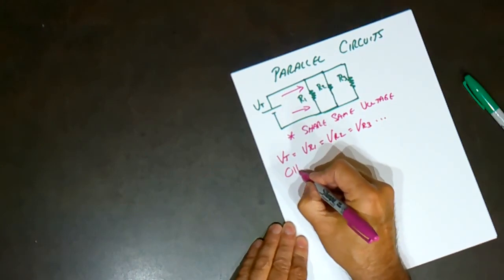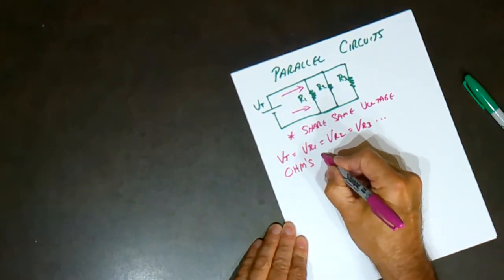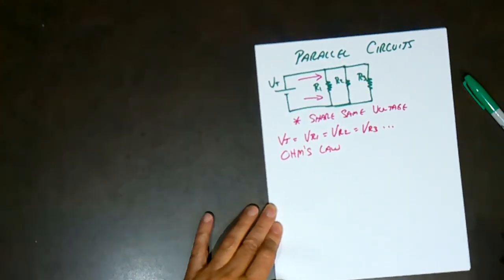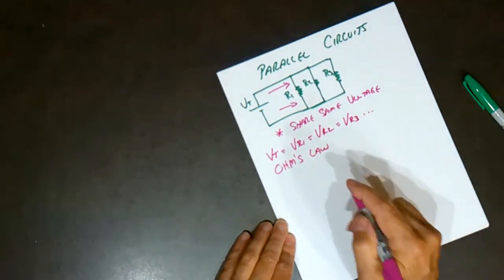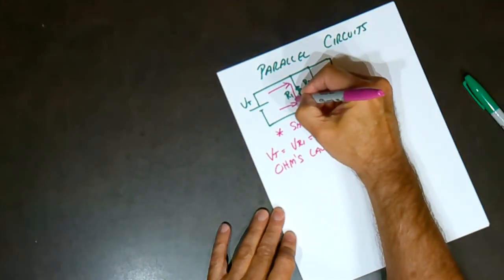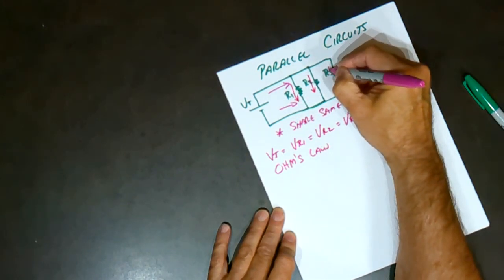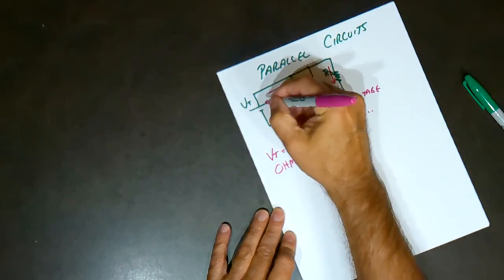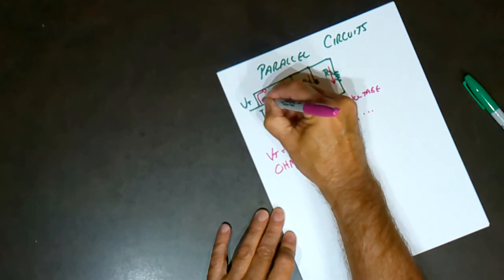We also know that Ohm's law works, because Ohm's law works all the time. We also derived the idea that we have branch currents that all originate from the total.